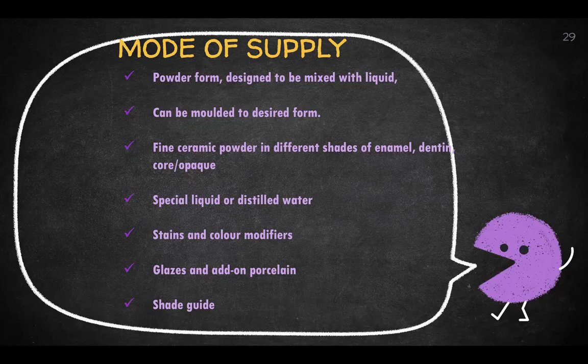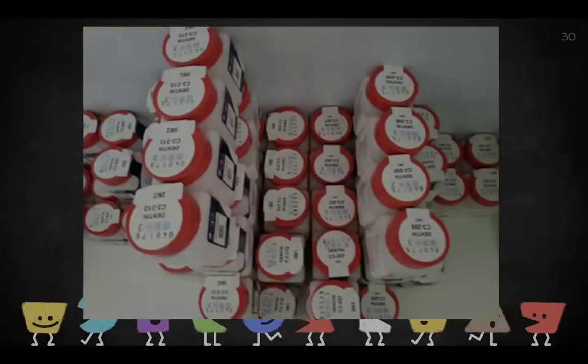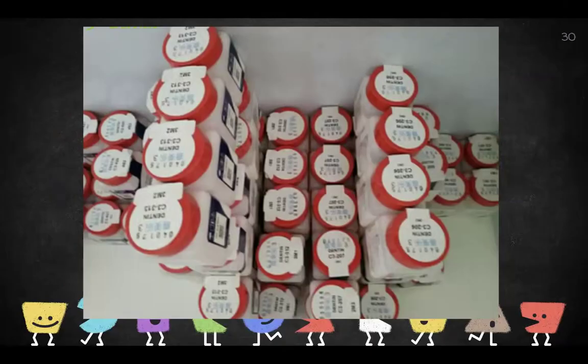And of course, there is a shade guide helping us to exactly match the patient's tooth color to the type of feldspar, type of ceramic powder we're going to work with. So this is how it comes. It comes in different bottles. You can see each one denotes each tooth shade or tooth color according to which we can take.